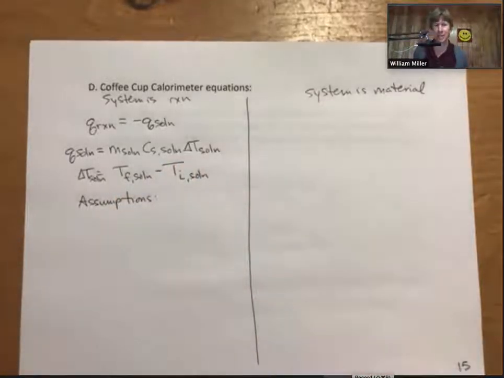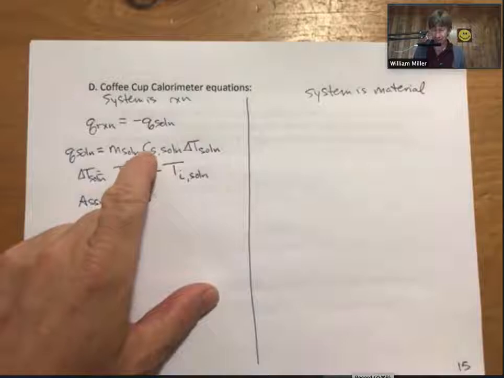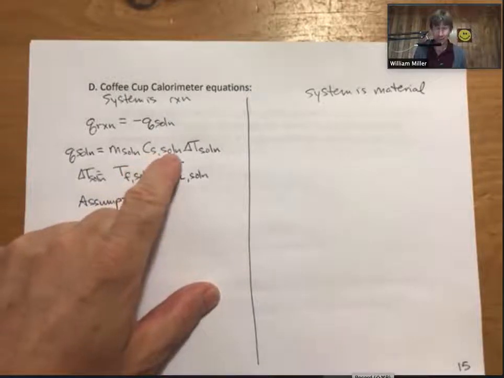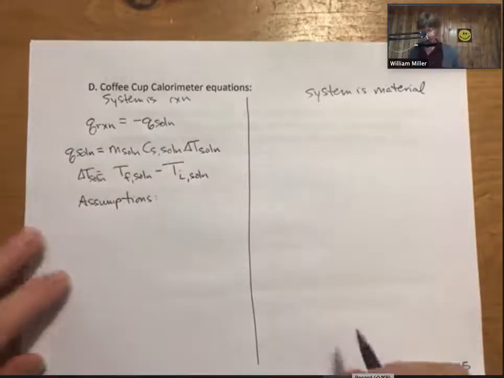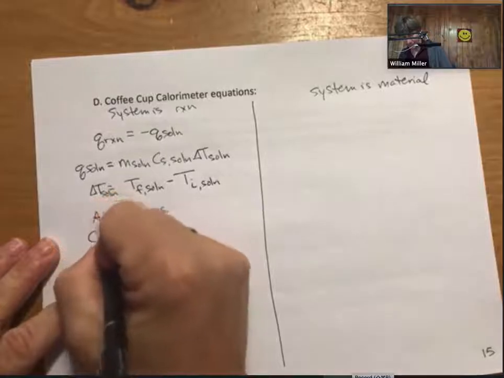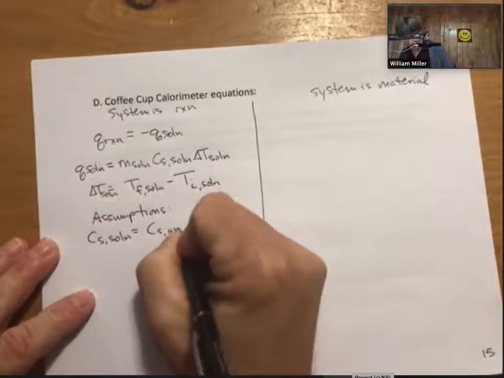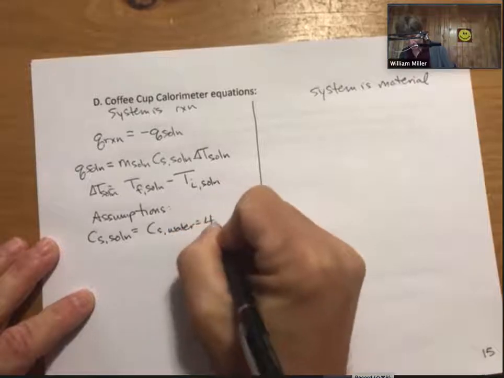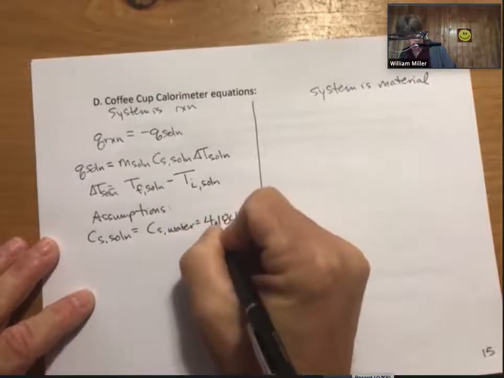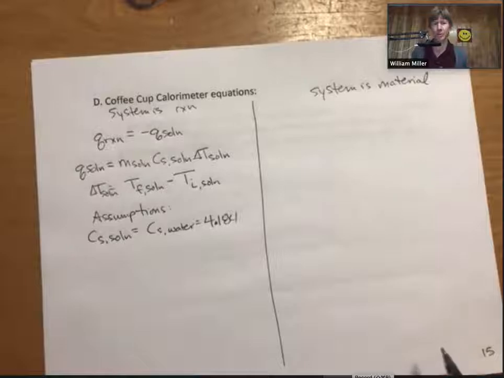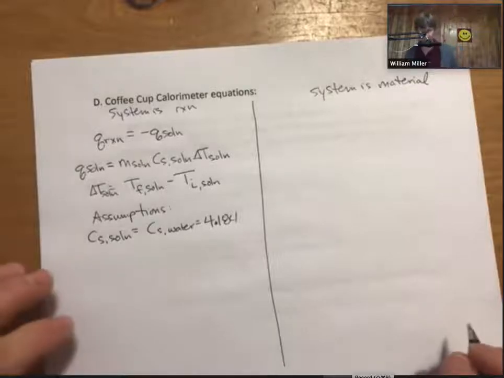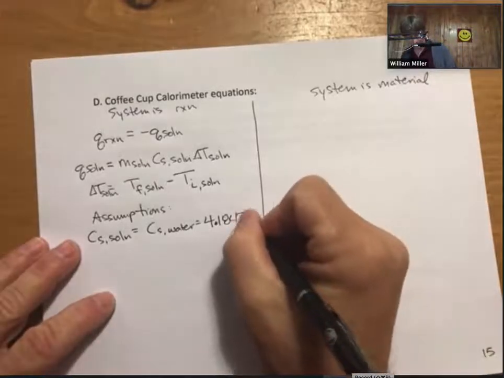One is that the specific heat capacity of the solution is equal to the specific heat capacity of water, which is 4.184 joules per gram degree Celsius.